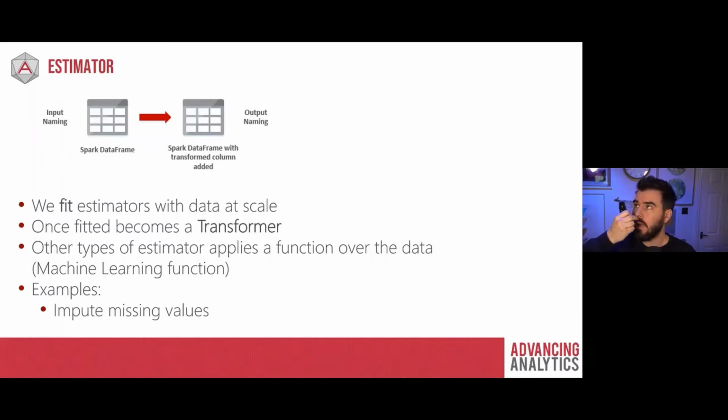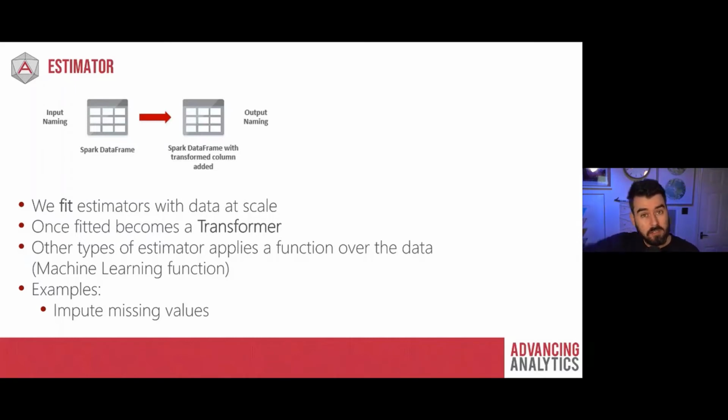So if you think about imputing missing values in your data, you've got a column of your customers' ages, and there's 100,000 in there, and like, I don't know, 200 that are missing. What you could do is find the average age for a customer and fill that in for every blank customer that I have. It's probably not a very good strategy, but you could do it, right?